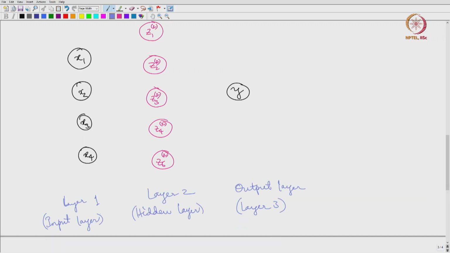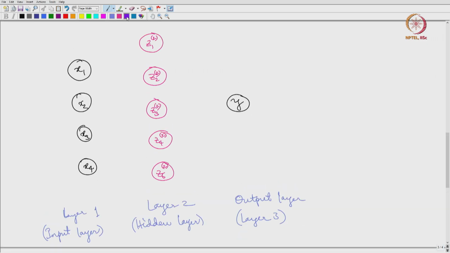Okay. So let us now draw the interconnection between the nodes. Remember, every node in the previous layer feeds to every node in the next layer. So this x1 here is going to feed to all the nodes in the next layer, and it will be scaled by a weight, and similarly the output of this second feature is also going to feed into all the nodes in the next layer.